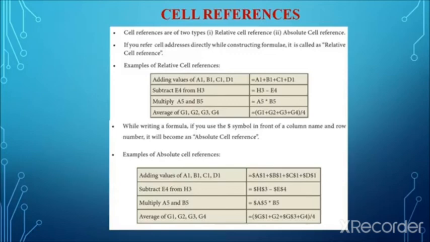In the absolute cell reference, you see a dollar symbol added before both the column name and the row number. That is the first difference between relative and absolute cell reference. In relative, the address is given directly, whereas in absolute you add a dollar symbol in both the column name and the row number.